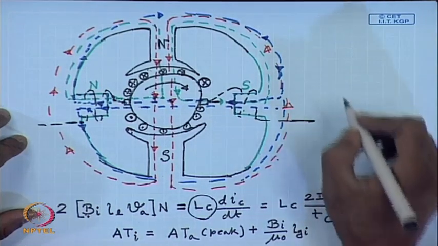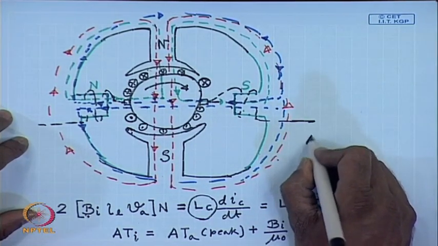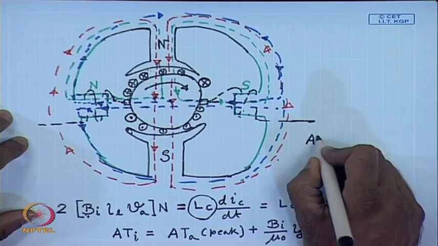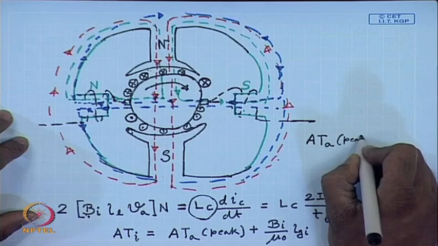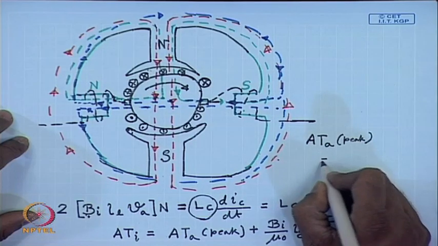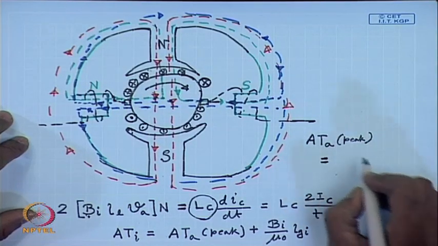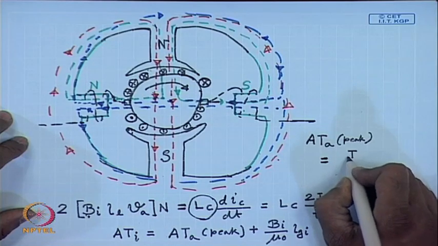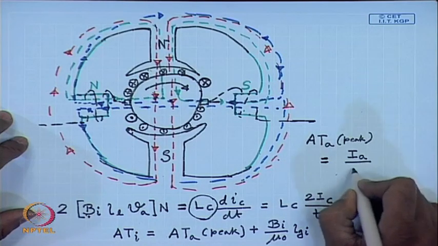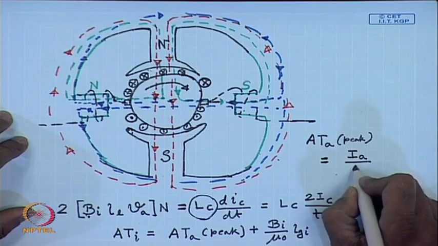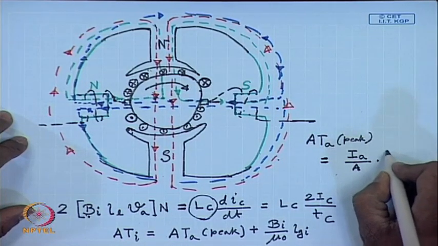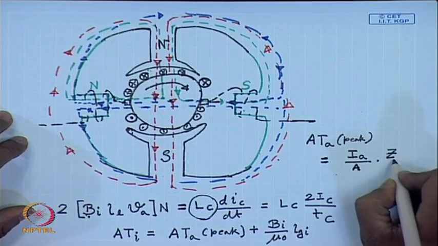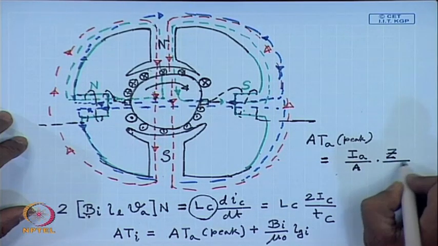Now, peak ampere turns per pole is given by, if the armature current is IA, then the current in each parallel path is IA by A. If there are Z number of conductors, then turns per pole is Z by 2P.